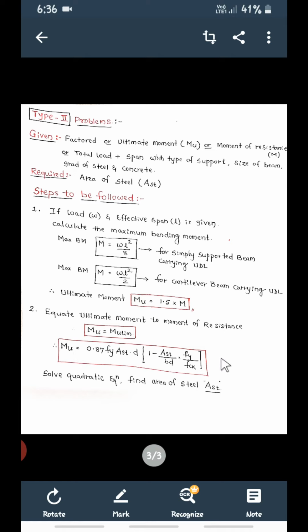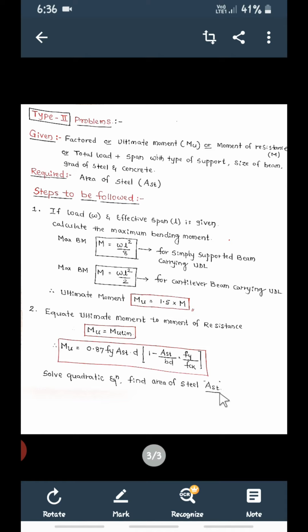You will get a quadratic equation. Solve it and there will be two solutions, one positive and one negative. There will not be any negative reinforcement, so only the positive value is considered as the area of steel.